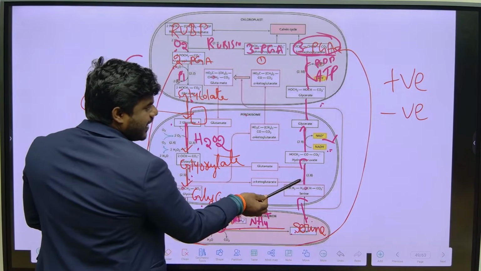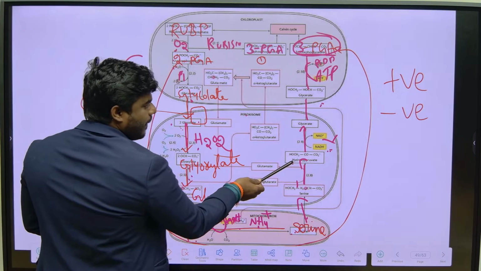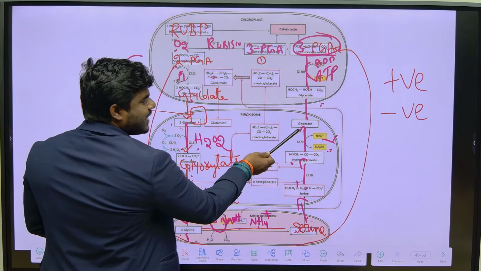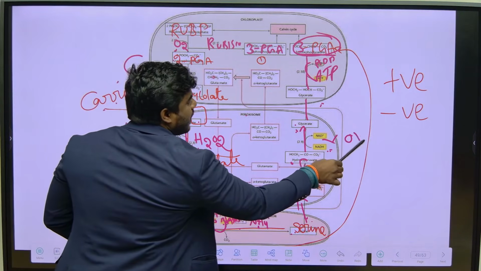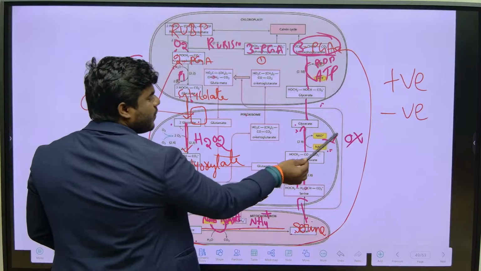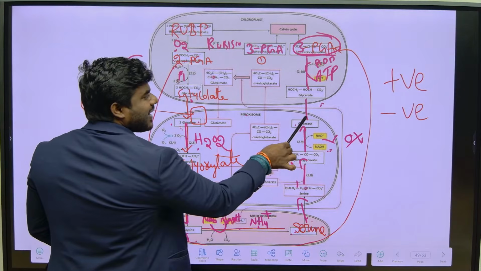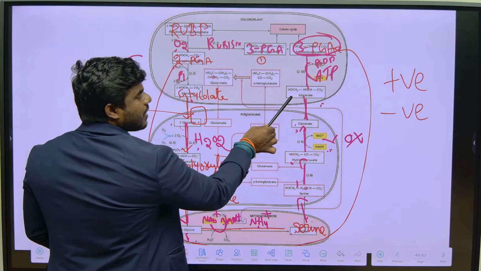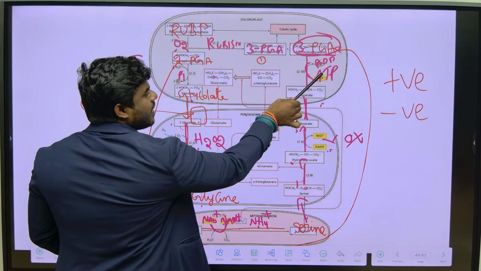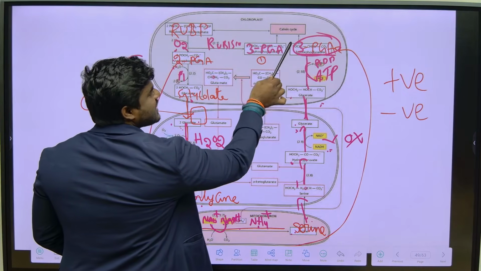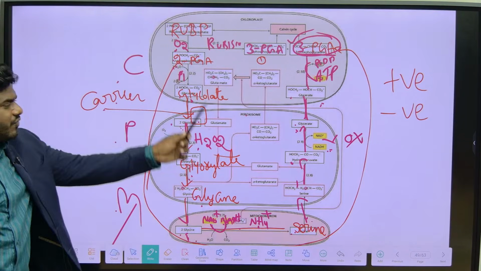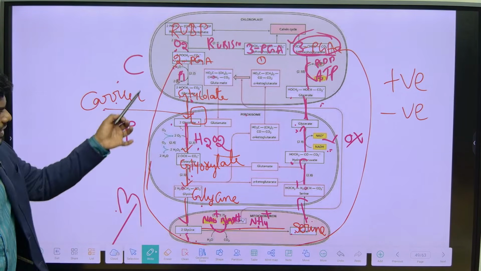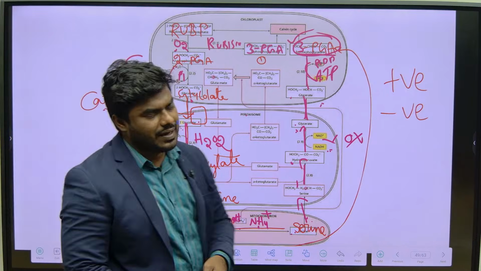Now serine again enters the peroxisome, converted into hydroxypyruvate, then converted into glycerate. Again, what reaction is it? Oxidation. We gain energy, we lost energy. Then glycerate enters into the chloroplast. Upon spending energy, it is converted into 3-PGA. So you have to remember every single reaction here. There is a great possibility we can expect statements.